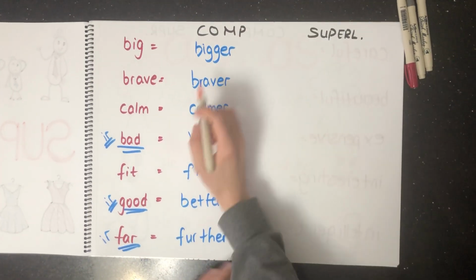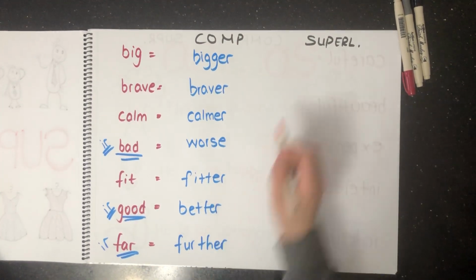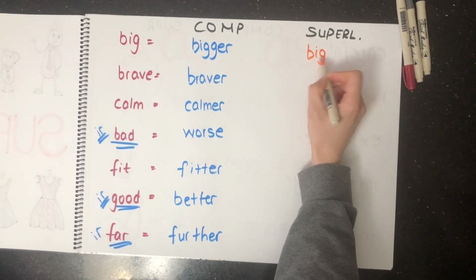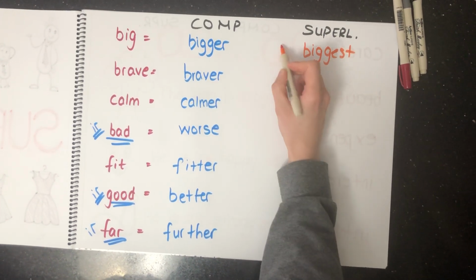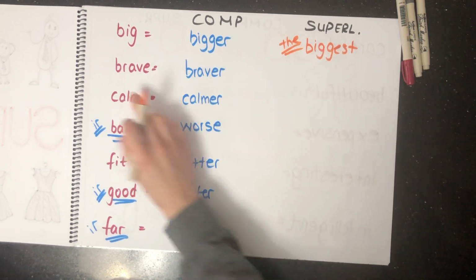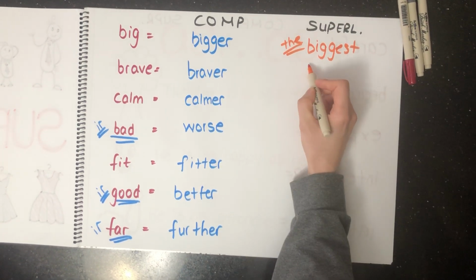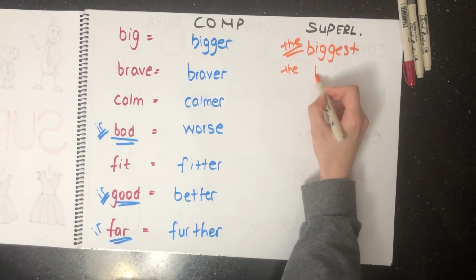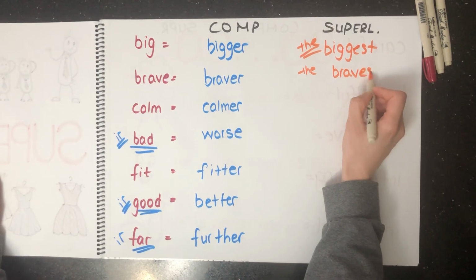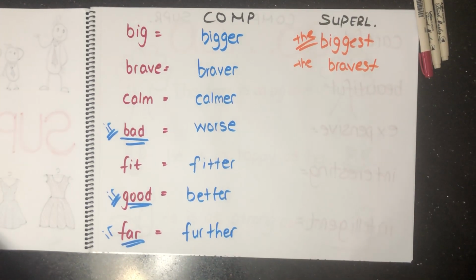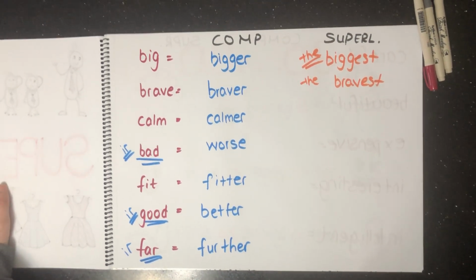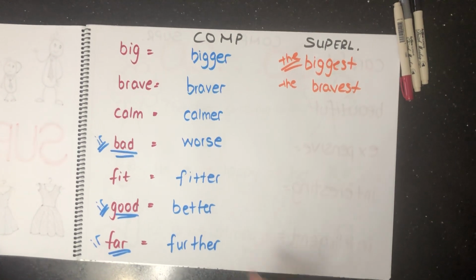Let's look. Big. Bigger. Superlative is the biggest. Do not forget the. Brave. Braver. The bravest. By the way, what's the meaning of brave? You remember? If not, look up into your dictionaries, please.